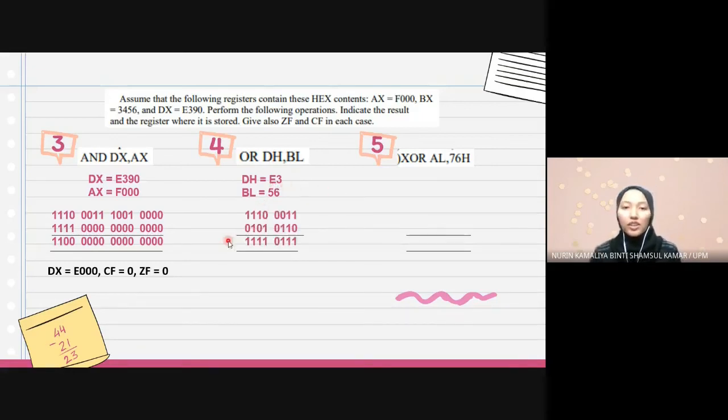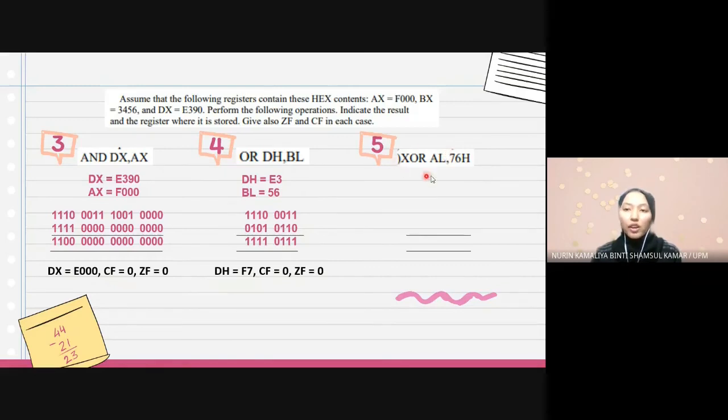So E3 is 11100011 and 56 is 01010110. So we OR these two data, and remember when OR we will add these two. So 1 plus 0, 1, 1 plus 1, 1, 0 plus 1, 1, 0 plus 0, 0, and so on until you get the result.